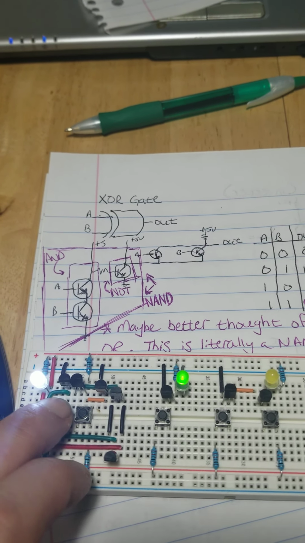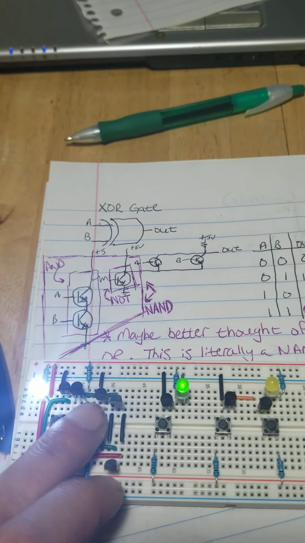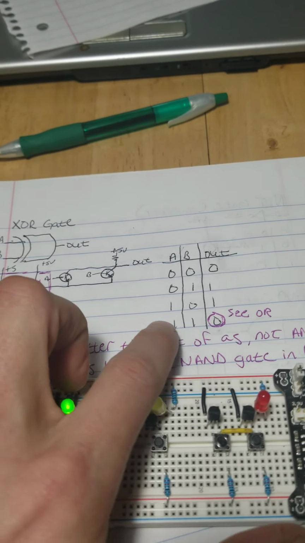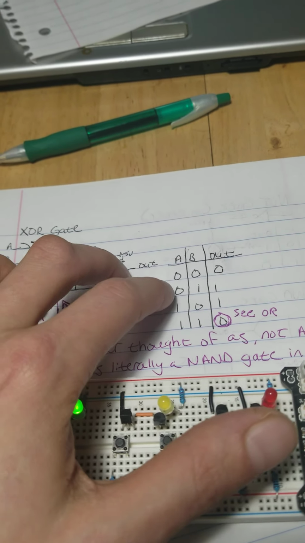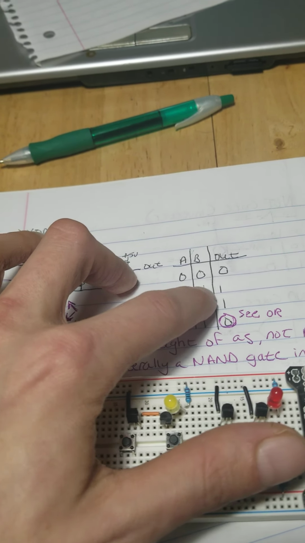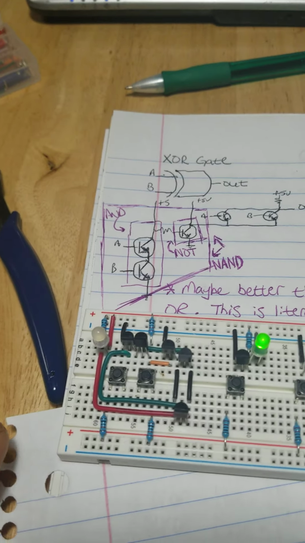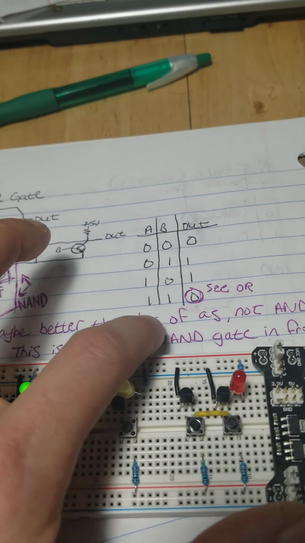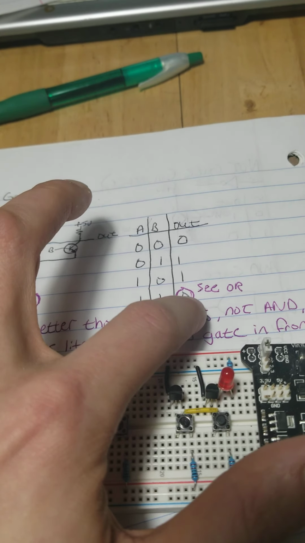So, one's on, the other's on. And what we're saying here, again, remember, if one or the other is on, we should get a 1. If both of them are off, which they are, we should get a 0, which we do. But if both of them are on, we want to get a 0 here.